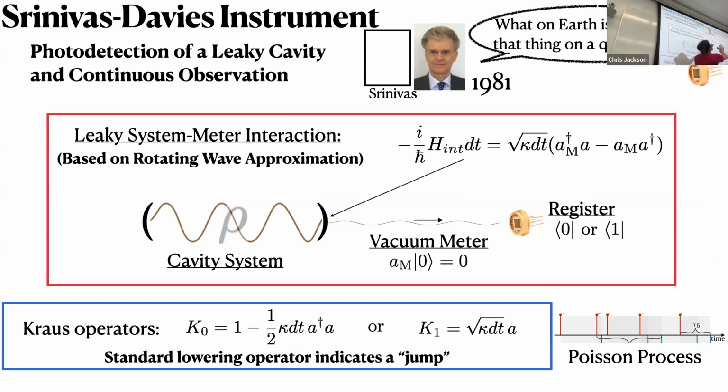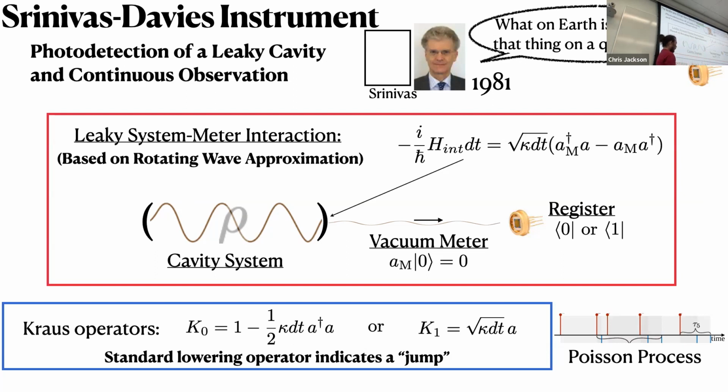And I like to say, this work he did really is just answering this question: what on earth is the effect of that thing, a photodetector, on a quantum field? Okay. So in this case, the system is usually thought of as a cavity. So you've got some electromagnetic state bouncing around. And the meter is just empty space or the vacuum, maybe getting some energy and registering the photon or not. Okay.